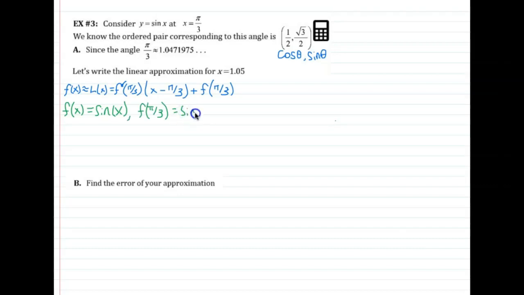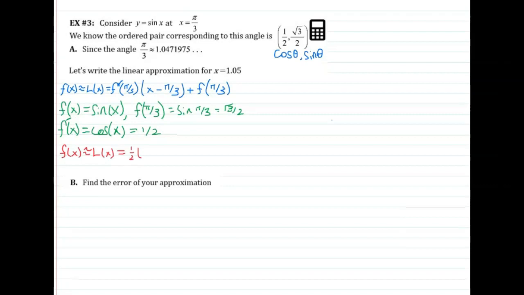F prime of x is equal to cosine x, and f prime of pi over 3 is equal to cosine pi over 3, which is equal to 1/2, again from the unit circle. Now we can write the tangent line equation. L of x is equal to 1/2 times quantity x minus pi over 3 plus square root of 3 over 2.